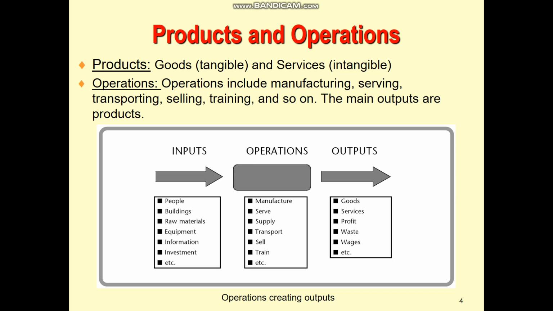So we have the process: inputs, then operations, then outputs. Our outputs are products, and the main types of products are goods and services. Goods are tangible and services are intangible. Tangible is something that you can touch, but intangible is something you cannot touch. Okay?